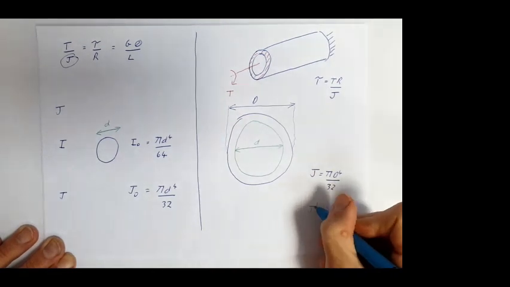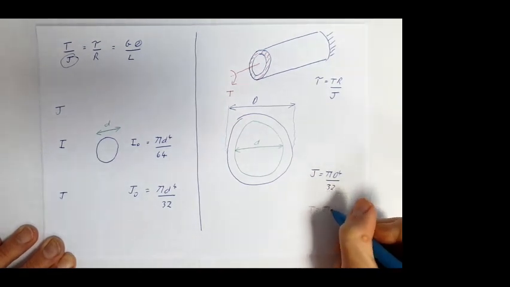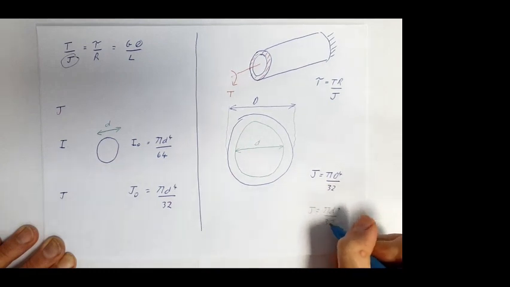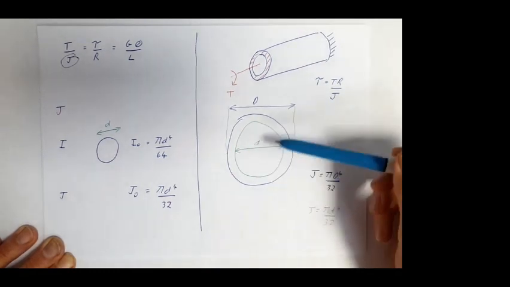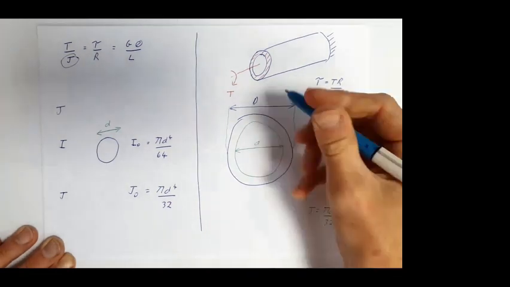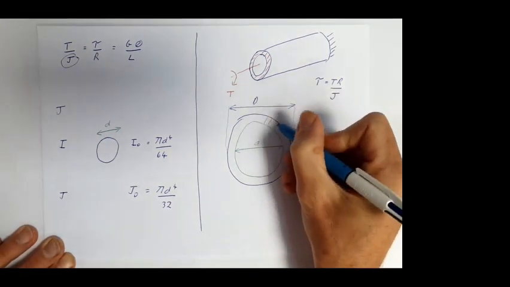J would be pi small d to the 4 over 32. If we simply subtract one from the other, what we end up with is the bit that's left, the difference, this bit here.